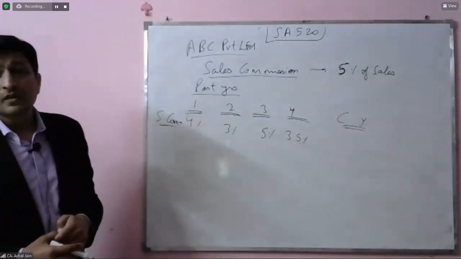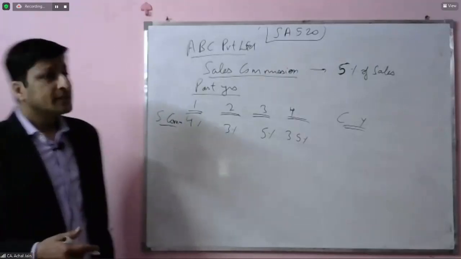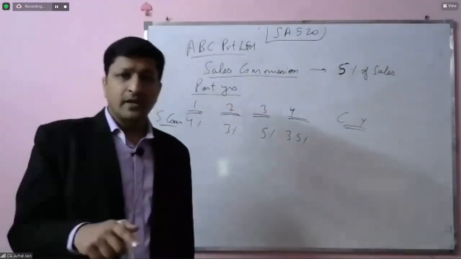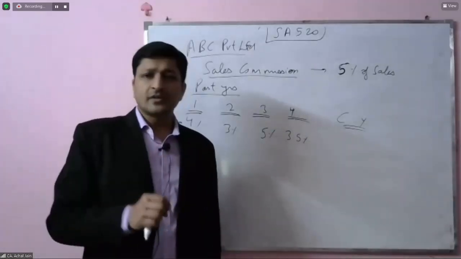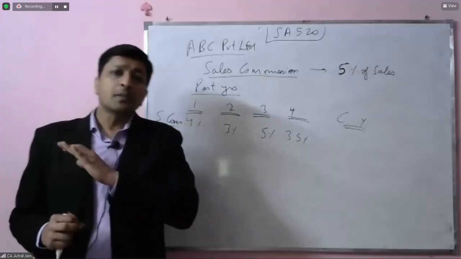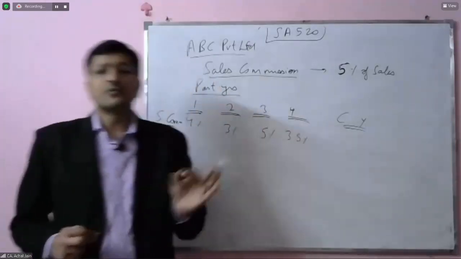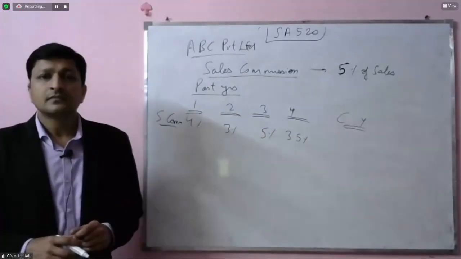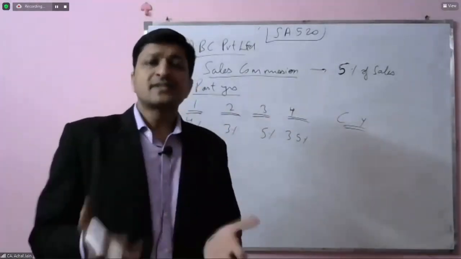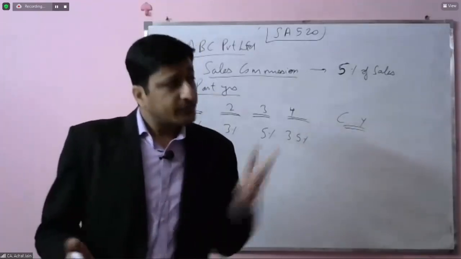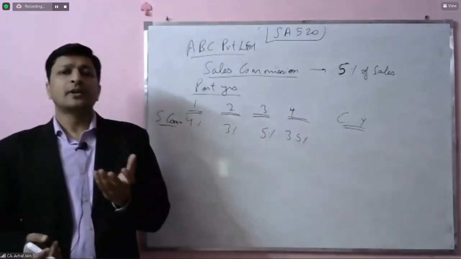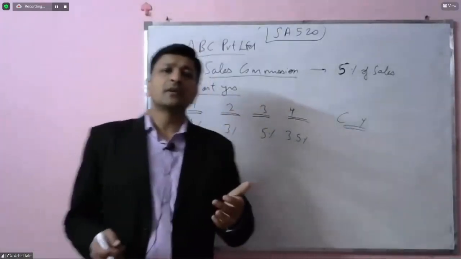Now, this was because of two reasons. That wherever sales commission was paid or payable, it was 5% of sales. But sales commission was not paid for each and every sale which was executed during the year. Means it was only towards the new contracts that the sales commission was payable. If the old contracts are continuing, if the old customers are continuing, so will the sales commission be required to be paid?